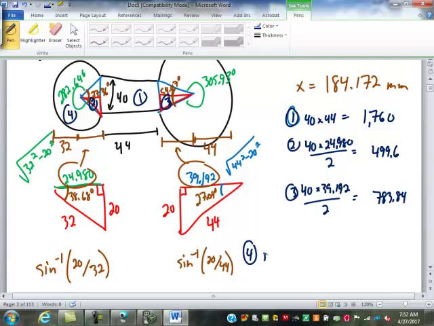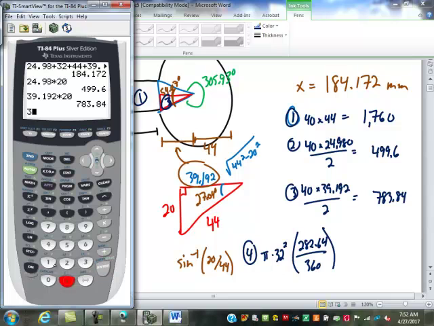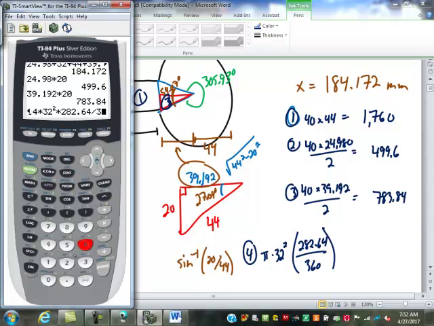So it's the area of the circle, pi, times the radius of 32 squared, times that angle of 282.64 over 360. Giving us 25, 24, 41.